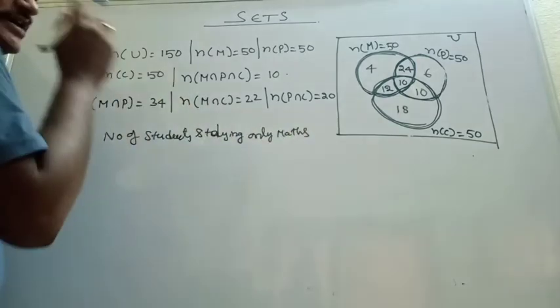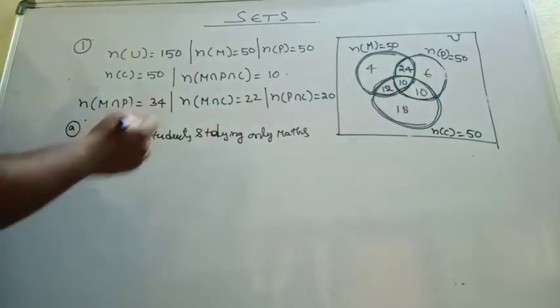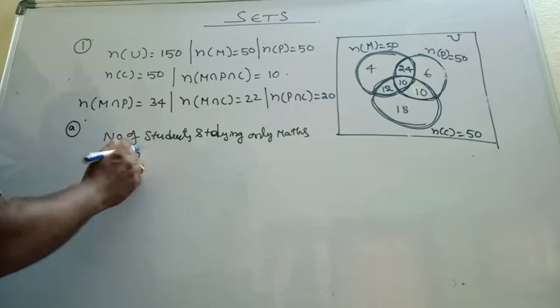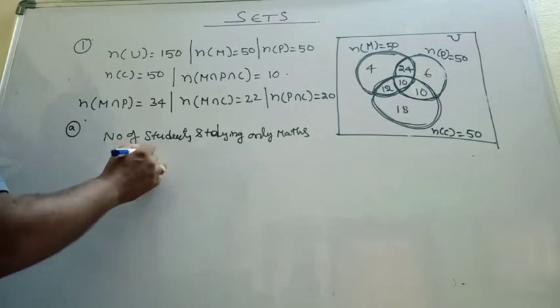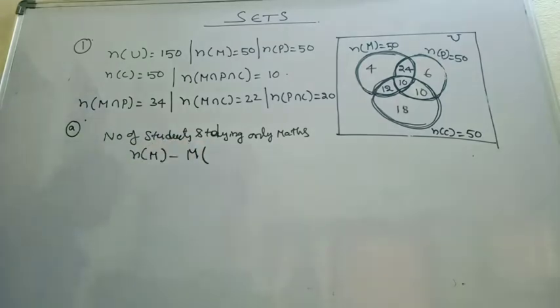This actually we can subtract from this. How can we do it? Studying only maths is nothing but n of m minus n of, right? How are we going to get who will study only maths?